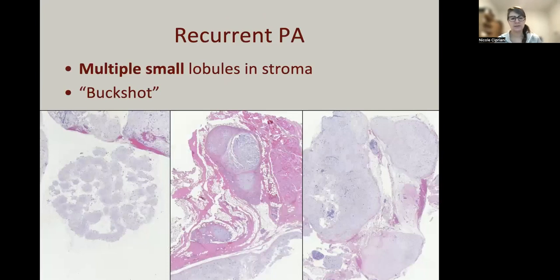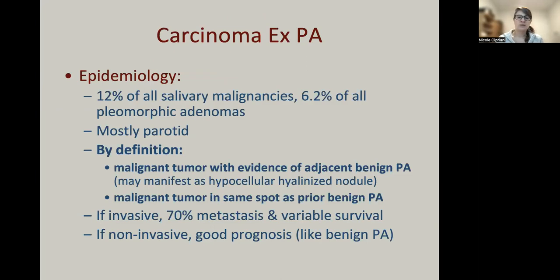So this is what recurrence looks like. These multiple very small lobules within the fat, within the muscle, within the rest of the glandular tissue. I like to say almost kind of buckshot. This is diagnostic of recurrence. Carcinoma ex PA, which increases with every recurrence that a patient has, is thought to be about 12% of all salivary malignancies, and happens in about 6% of all PAs.